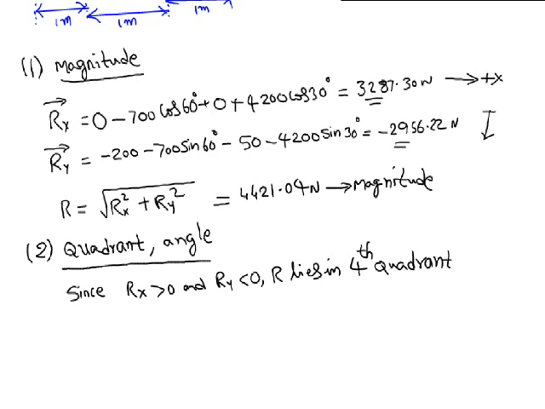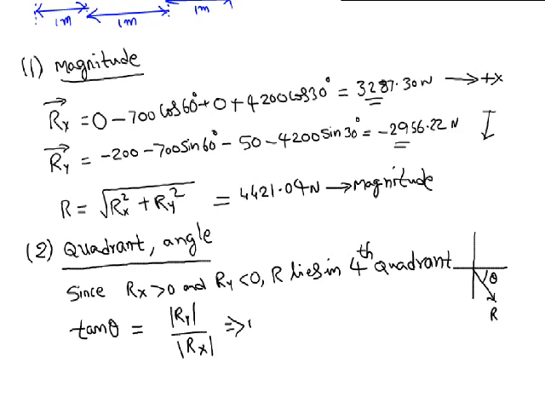And in the fourth quadrant you can show this as, you have this x and y axis, you have the force R as shown here, and the angle we define as this theta. This tan theta we can write as magnitude of Ry by magnitude of Rx.